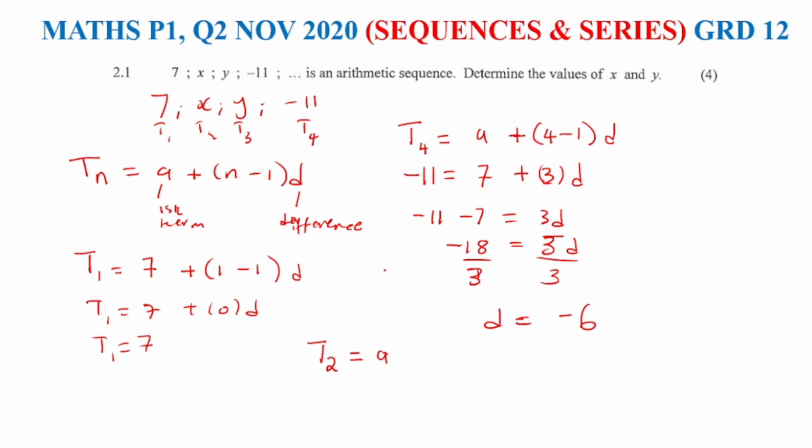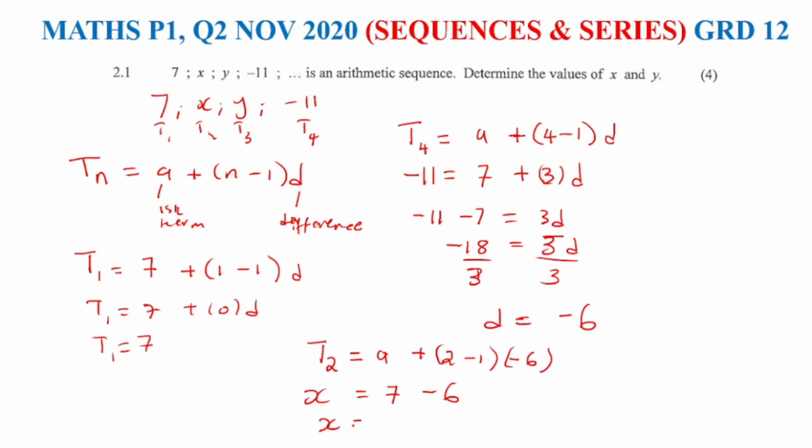Here n will be 2, and we know what d is, d is minus 6, in brackets. So let's substitute here. T2, which is given by x, is equal to 7 plus. When we do the algebra here, 2 minus 1 is going to give us 1, and therefore 1 times minus 6 is going to be minus 6.